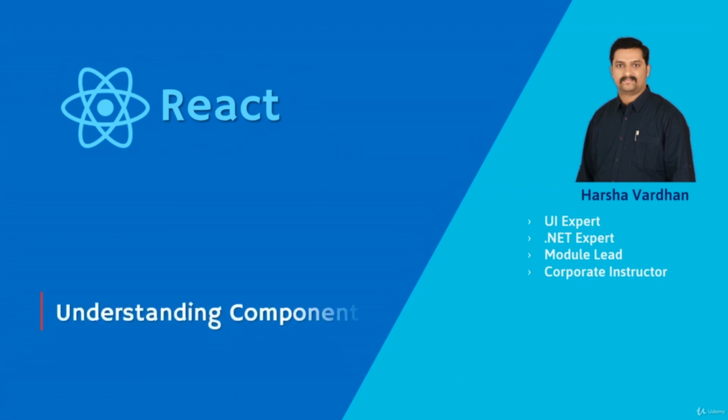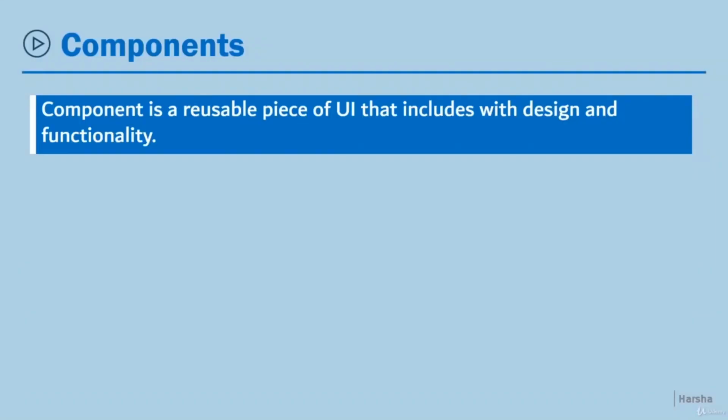Let us learn what a component is and how they work based on virtual DOM. In React, a component is a piece of UI that contains the design logic and programming logic. The goal of the component is to read data from a JavaScript object and render the same to the user.